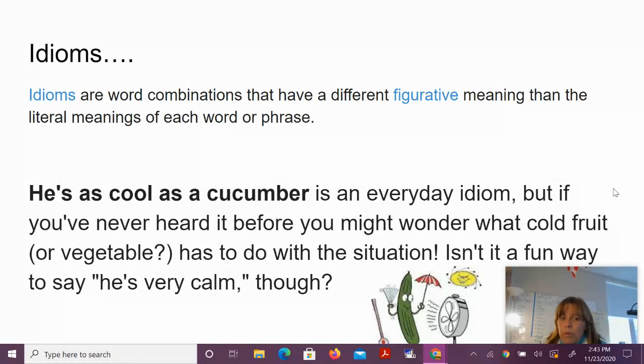So how can her brother be like a vegetable? I don't get it. So idioms can be very confusing, especially if somebody doesn't understand it. Every once in a while, I'll use one in class and somebody will say, well, what do you mean by that? Some of them are old-fashioned and they may not be top on your list of things that you know.